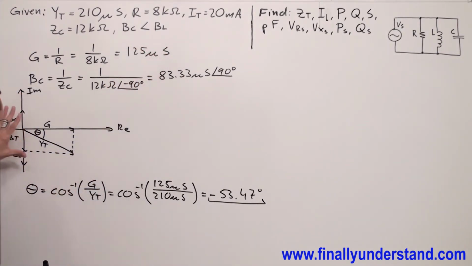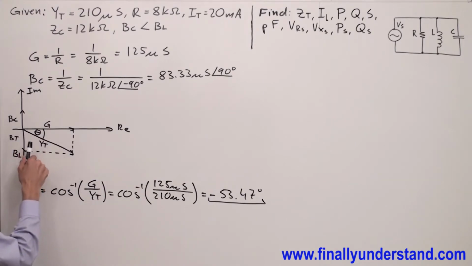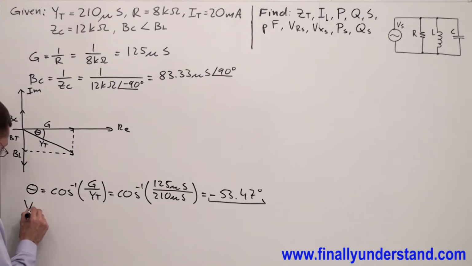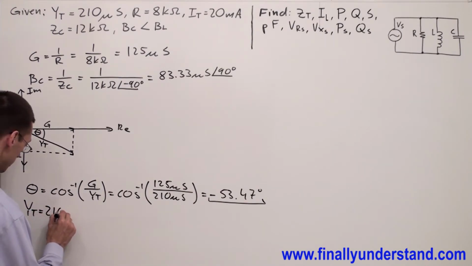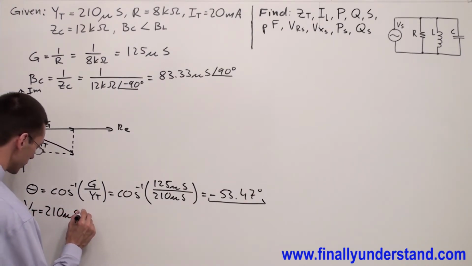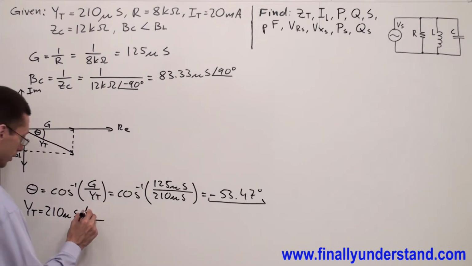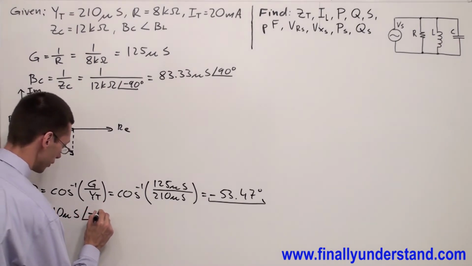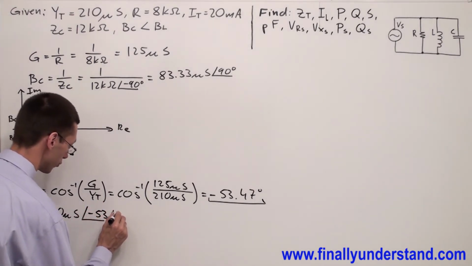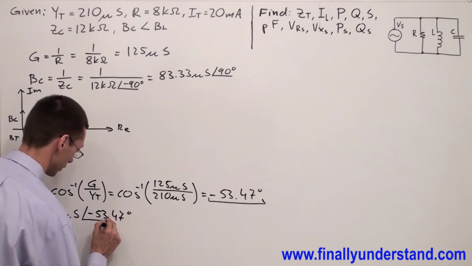Okay, I explained everything on this diagram. So this is my angle next to Y total because we spoke about the admittance diagram. Now we can write that I have Y total equals 210 microsiemens and angle of negative 53.47 degrees.